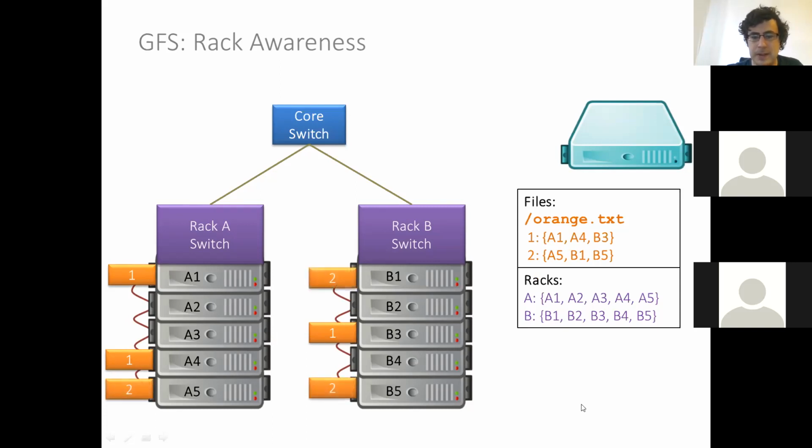The typical way to do this is to put 2 copies on one rack and 1 copy elsewhere. This is seen as a good balance. Why 2 copies on 1 rack? It's easier for one machine to forward, and we reduce the load on the core switch.